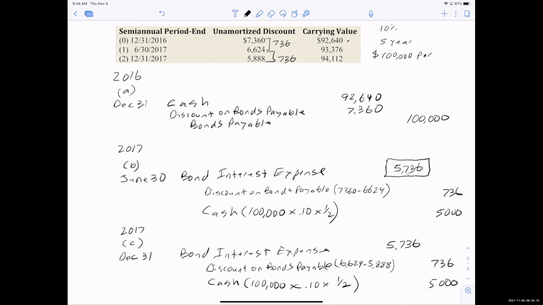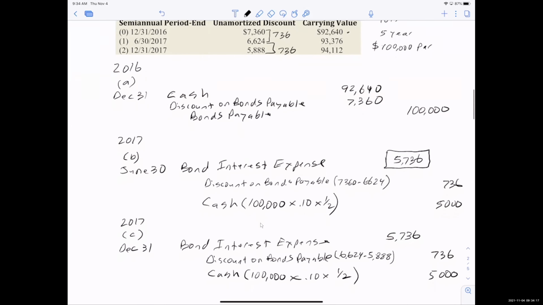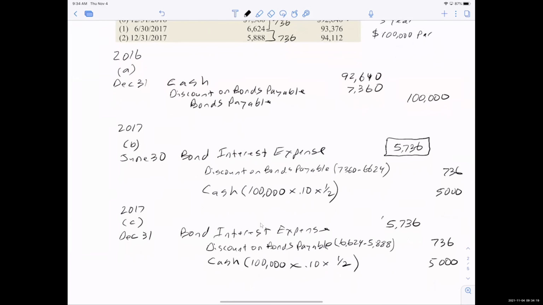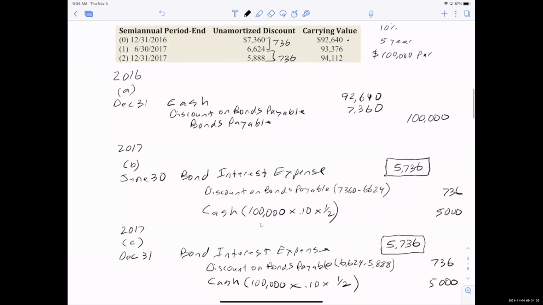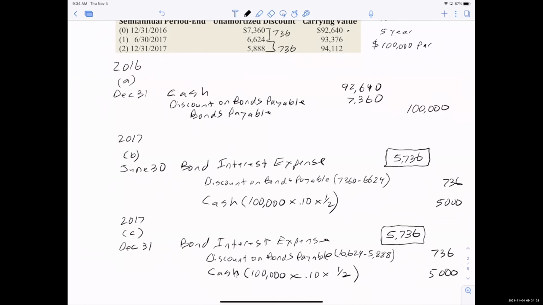So there you go. So C is the same thing. It's the same entry. The only difference is, well, let's go ahead and do it. The cash, again, it's 100,000 times 10% times half of a year, right? Principal times rate times time. So every 6 months, it's going to be the same amount of interest payment, right?